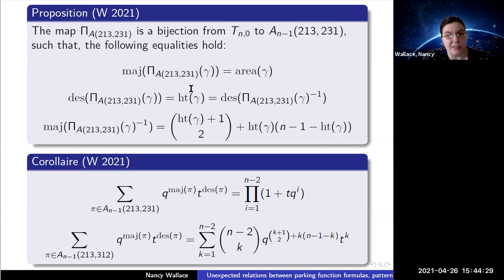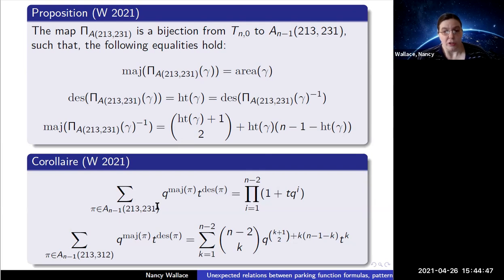The descent set is the same as the ith, which is also the same as the descent set of the inverse. For the inverse, the major index is a little bit different. Actually, it only depends on the ith.